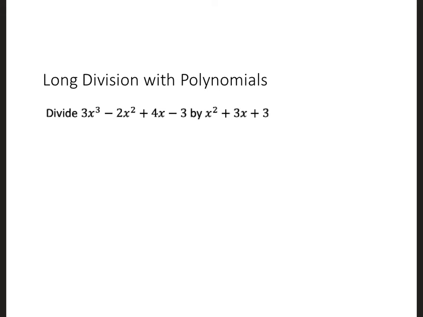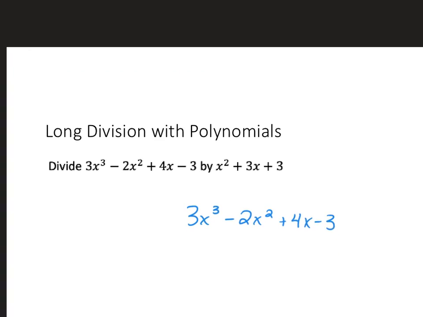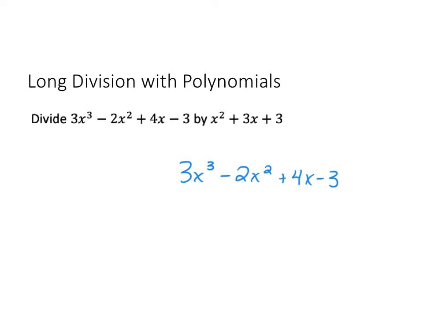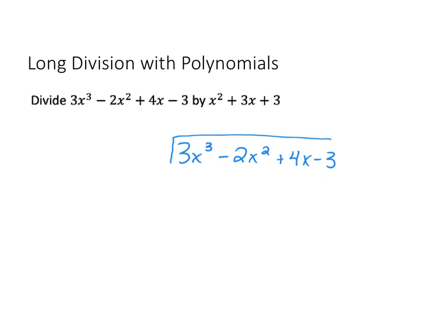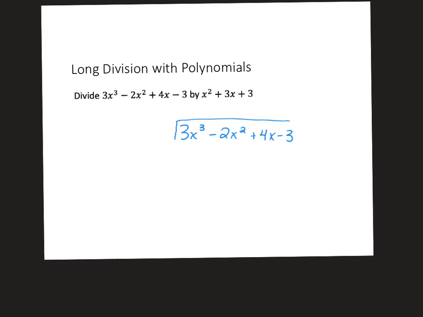So to set up, we're dividing the polynomial 3x cubed minus 2x squared plus 4x minus 3, and I'm dividing this by a quadratic polynomial, x squared plus 3x plus 3.